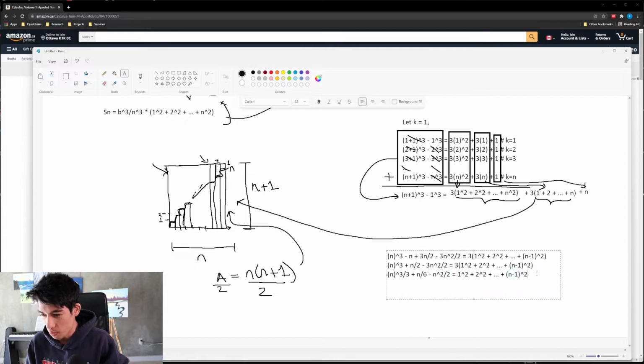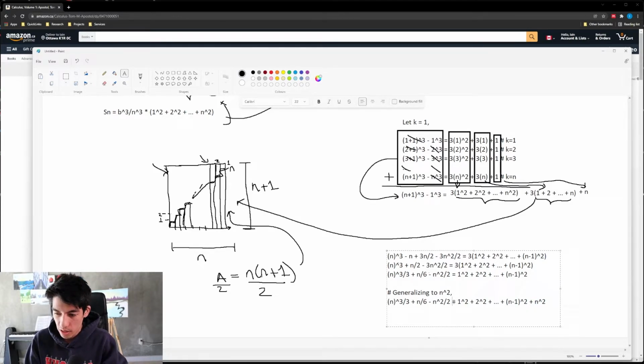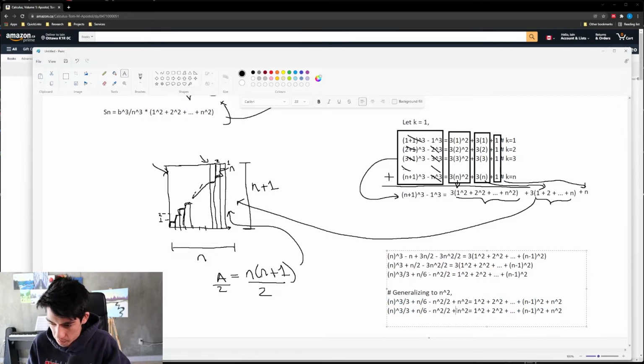So if I add n squared to this side, generalizing to n squared, and then I add n squared to this side right here, and then I simplify, I'm going to have the equation on the left representing the sum of squares to n squared, which is what we want.